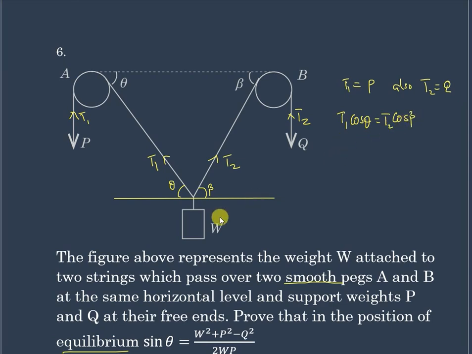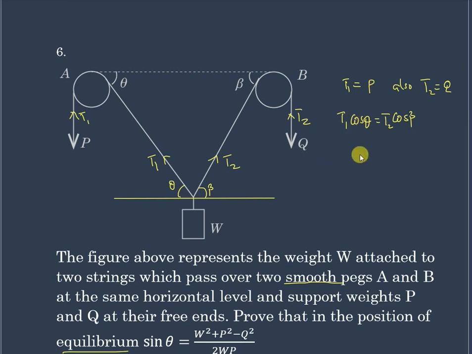The horizontal component of T1 is towards the left. It should counterbalance the horizontal component which is acting towards the right. That is for the state of equilibrium. You can see that the horizontal component of T1 is towards the left. So the forces towards the left should be equivalent to the forces acting towards the right. And that is what is happening horizontally.